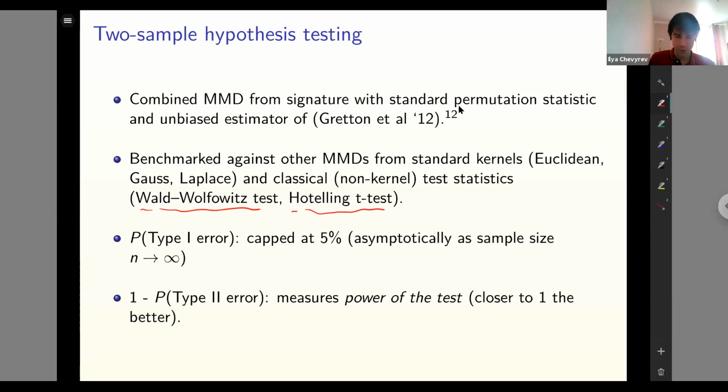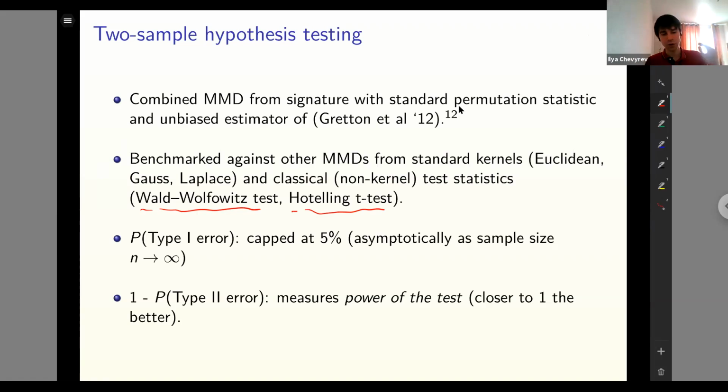So the type 1 error, we capped this at 5%, at least asymptotically as the sample size increased. And what we were interested in was how small we could make the type 2 error.